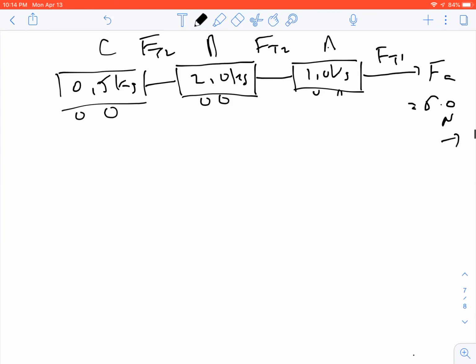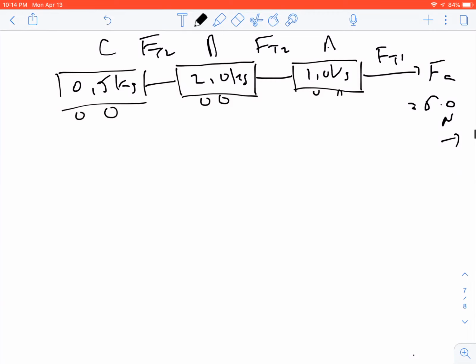Now, the question becomes, what is the tension in the strings, and how fast are A, B, and C going to accelerate? This is a pretty standard question. It shows up on the test every semester. It shows up on the final exam most years. To do this question, we really need to be able to do our free body diagrams and analyze what's going on.